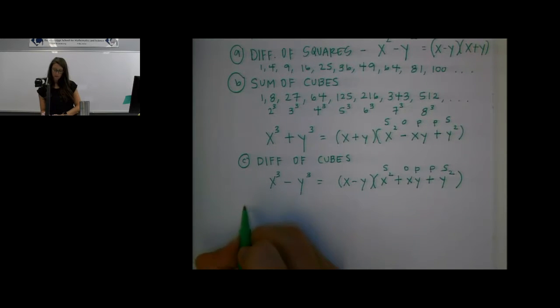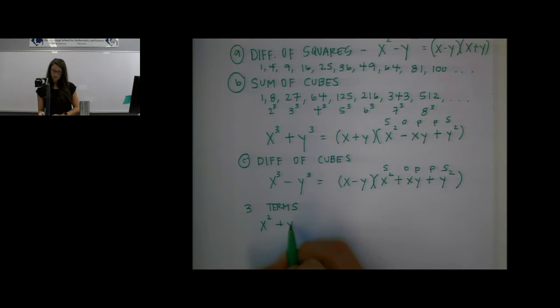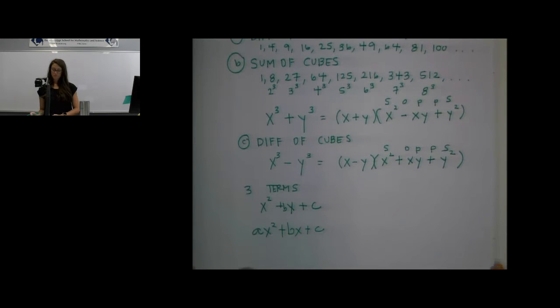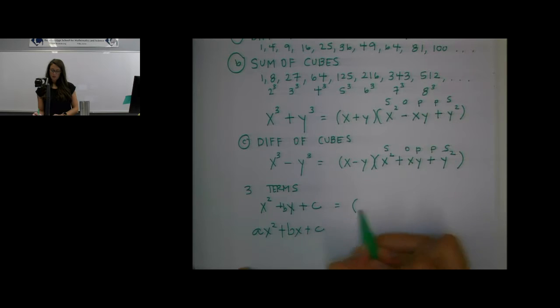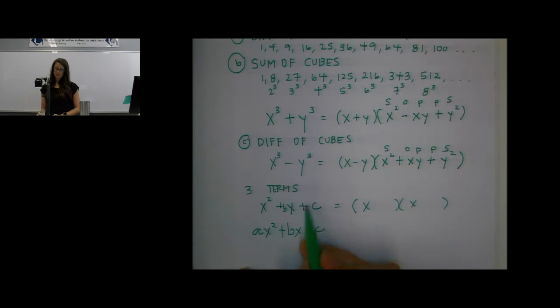All right, then it could be 3 terms. And that's your trinomials. So you could have a trinomial that's just an x squared plus bx plus c, or you could have an ax squared plus bx plus c here. So remember, for this one you ask yourself what multiplies together to give you c and adds together to give you that b.